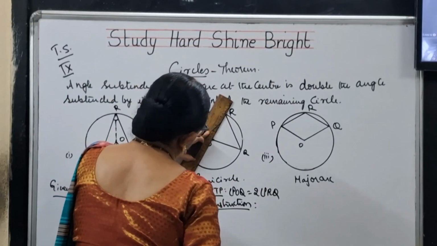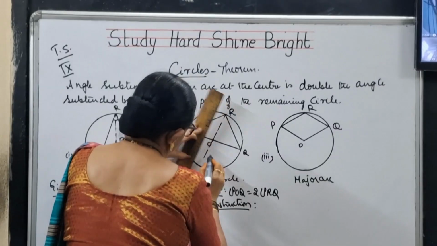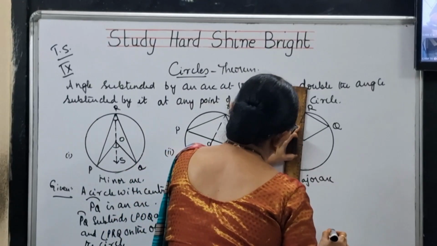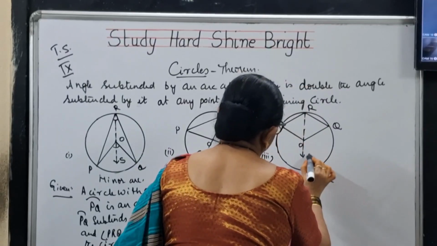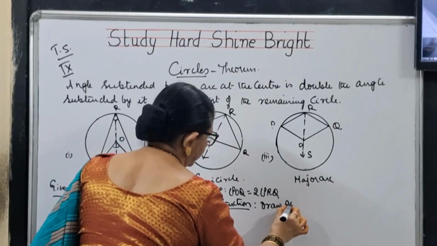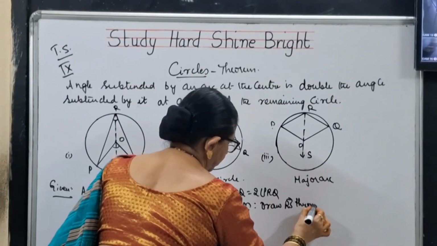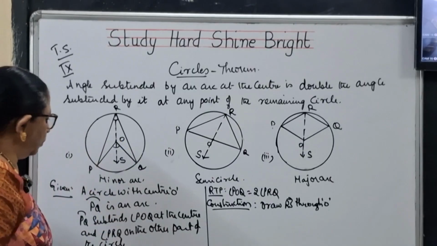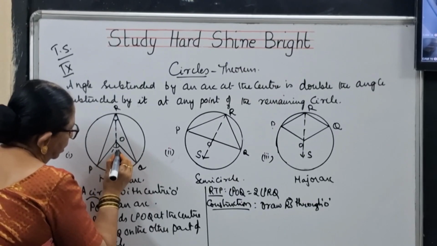Draw RS ray through O. Draw RS through O. So because of this RS, you are getting these angles as 1 and 2.